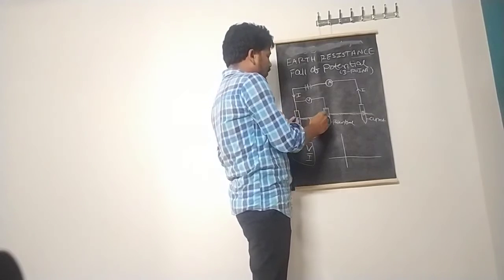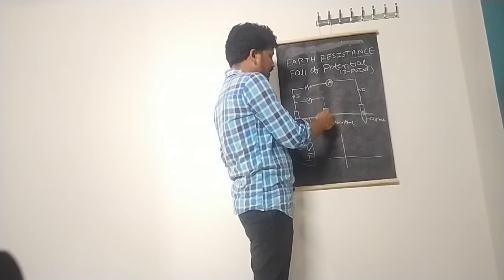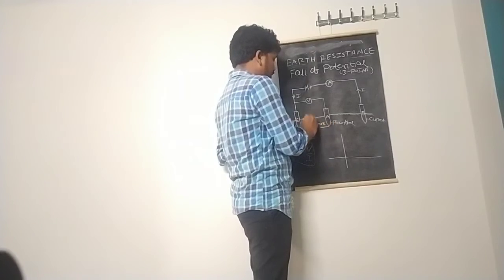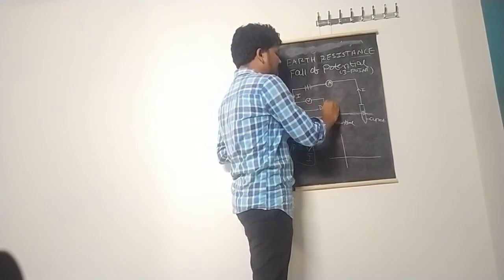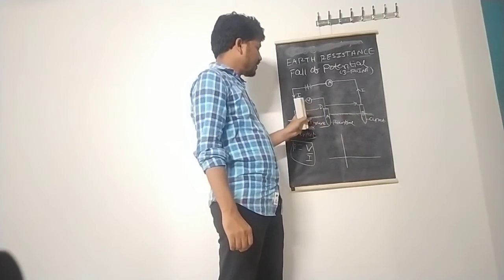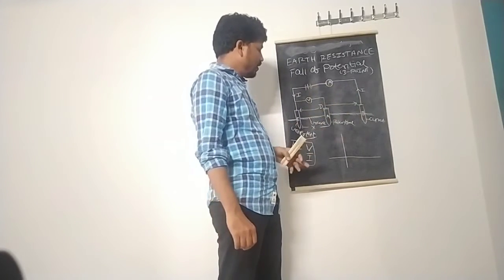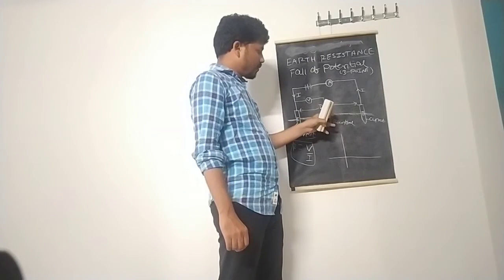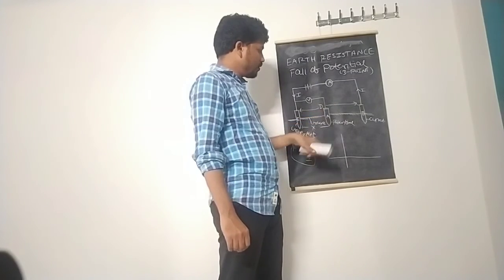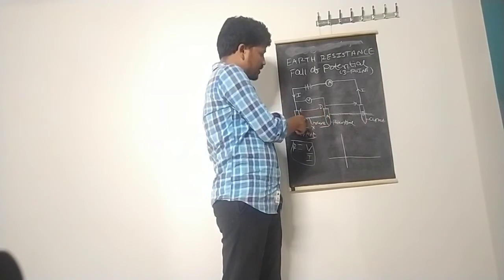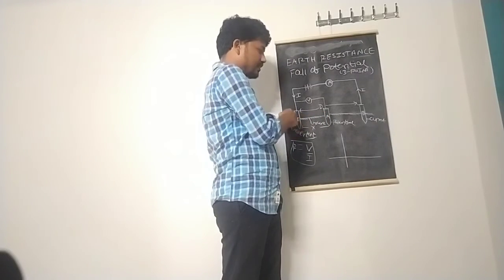Initially, from E to here the distance is capital X, and from here to here the distance is capital D. Here to here, the distance is capital X, and here to here, capital D. If electrode A, that is the auxiliary electrode, the mobile electrode, is towards capital E, the distance has some value.